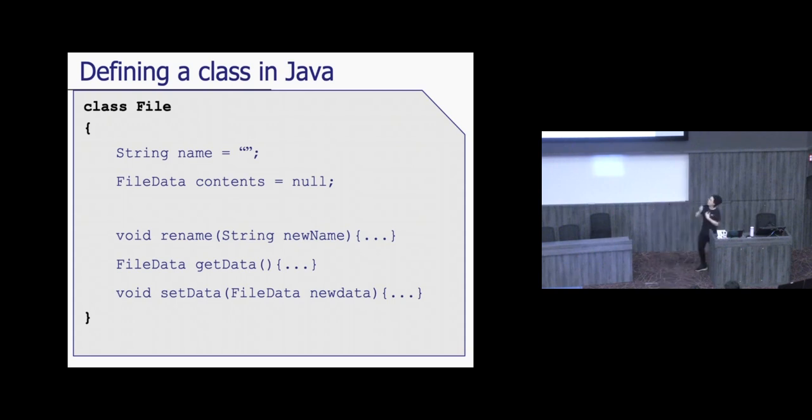So on the second, I guess the third, right, because the curly brace is one line as well. So on the third and the fourth line, we sort of specify the data of our object there, right? So in this case, we have two data types that we need. One for a string, which is the name, and maybe let's say one for, like we'll call it file data. It basically stores the contents of the file. This is the data of our object. Does that make sense? Okay.